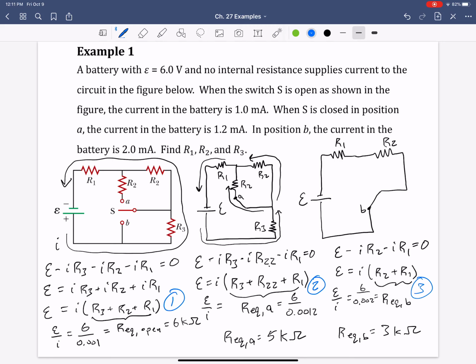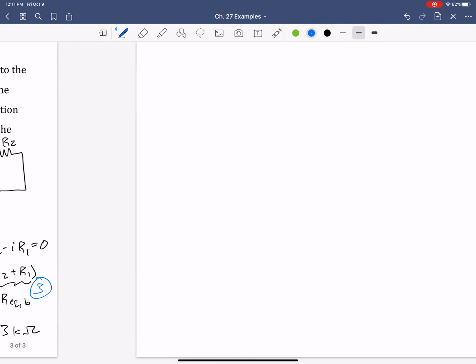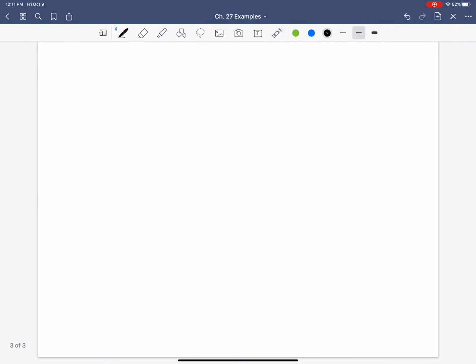Notice I haven't necessarily found the values for R1, R2, and R3 yet. I've just found the equivalent resistance in each of the three cases. So now, using the 1, 2, and 3 in blue, we can write a system of equations to find each of the individual resistances.